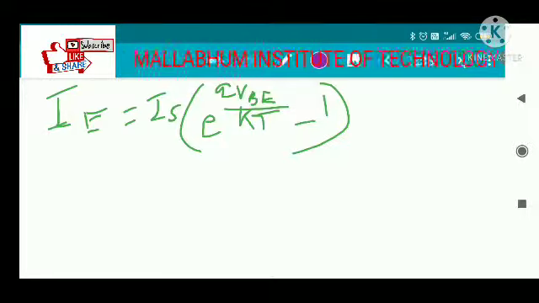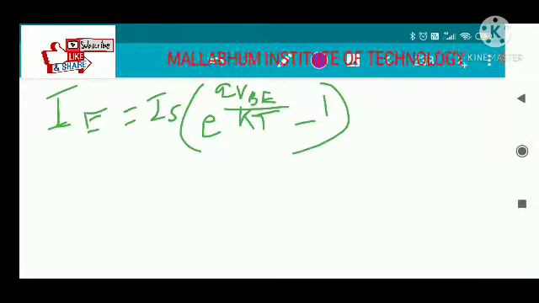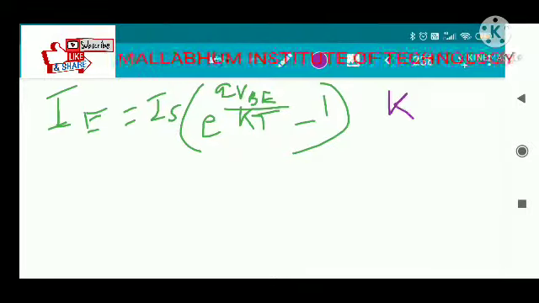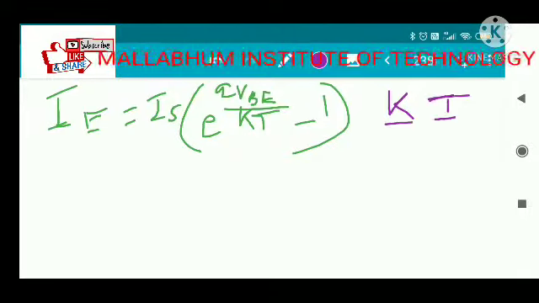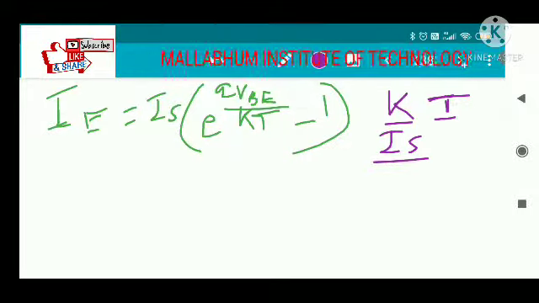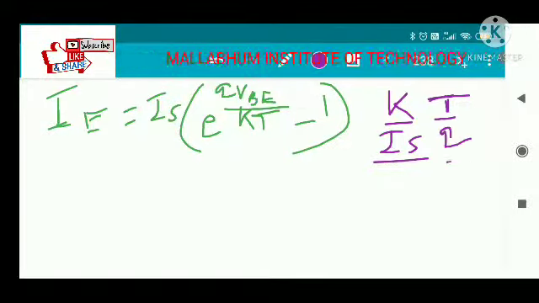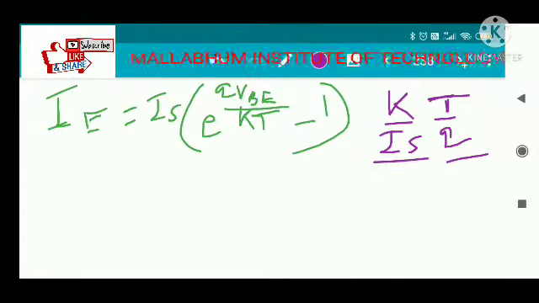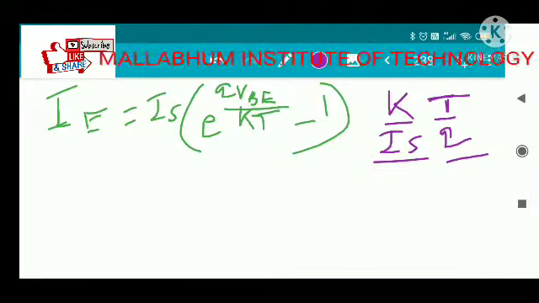So I is the emitter current, and IS is the emitter saturation current or the reverse saturation current, you can call it, K is the Boltzmann constant, T is the absolute temperature, and q is the charge of an electron. So these are all the parameters associated with this, and VB is the forward bias voltage.